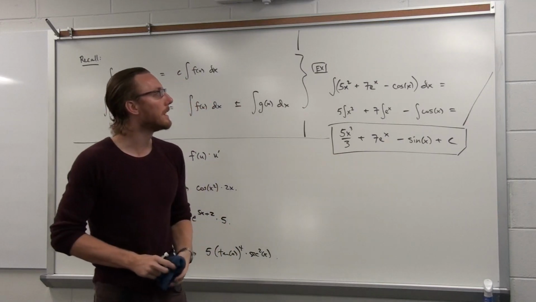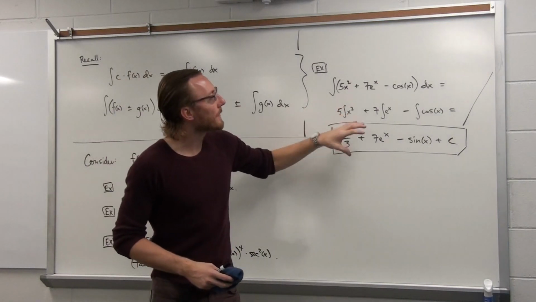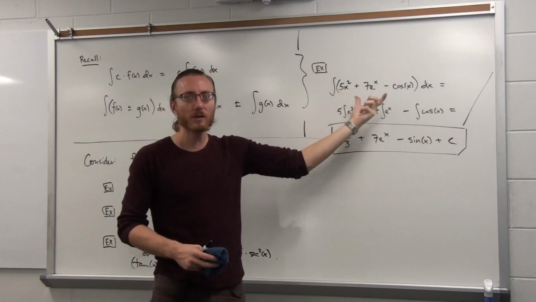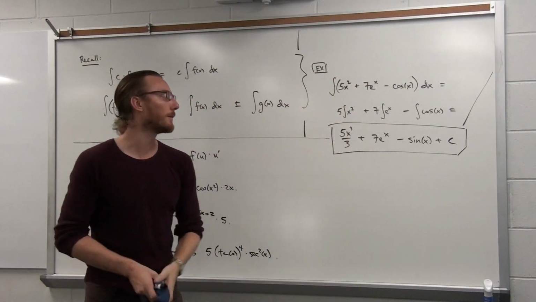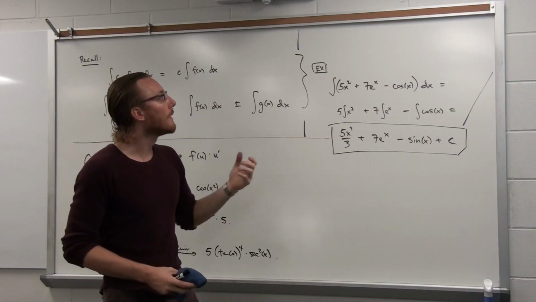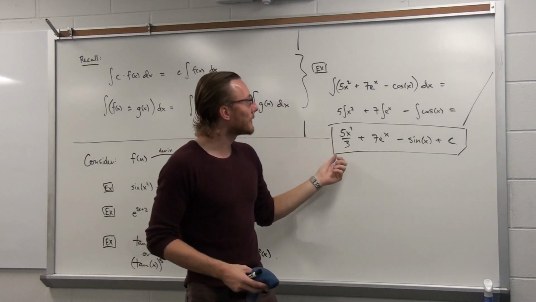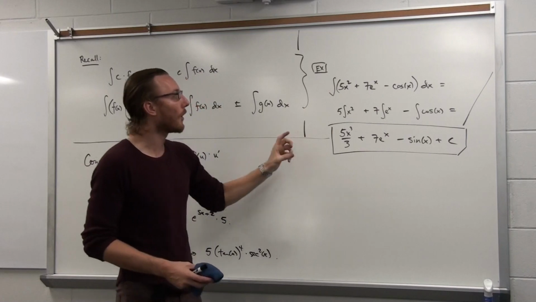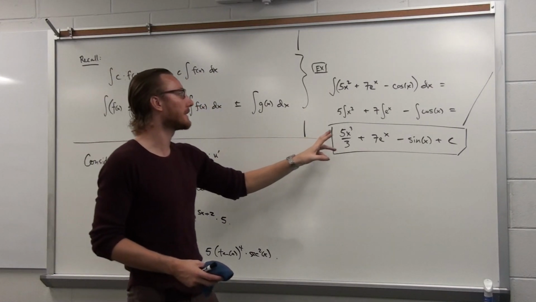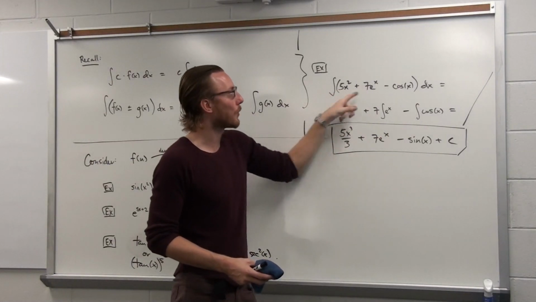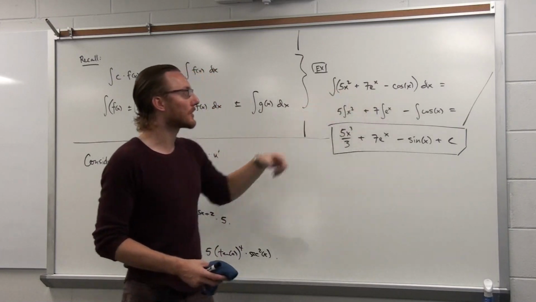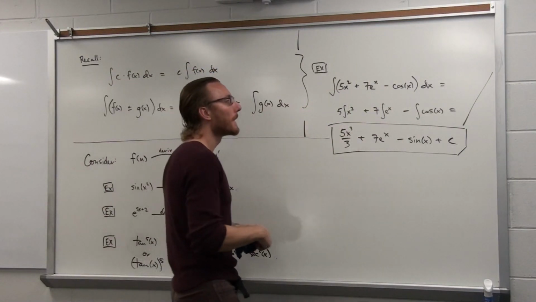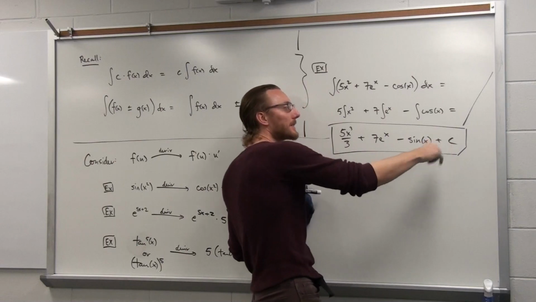But we have to remember that if we have a function whose derivative is the original thing that was given, which is precisely what we do when we take an antiderivative, the function that comes out would have to involve a 5x cubed over 3 and a 7e to the x and a minus sine x in order to accommodate the terms of interest. We also know that there could be any constant added.